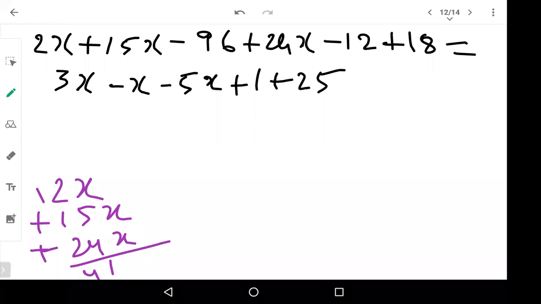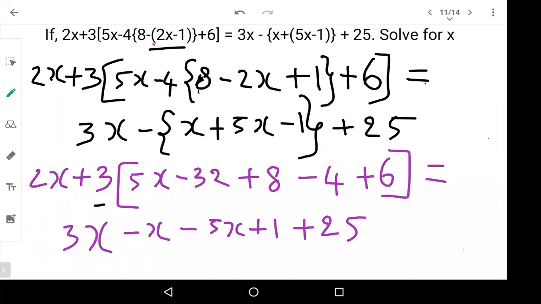Ma'am, in the second, where is it 8x? Which part are you saying, Aishwarya? Are you talking about this? Okay, 32. Okay, yeah, fine. Okay, sorry about that.